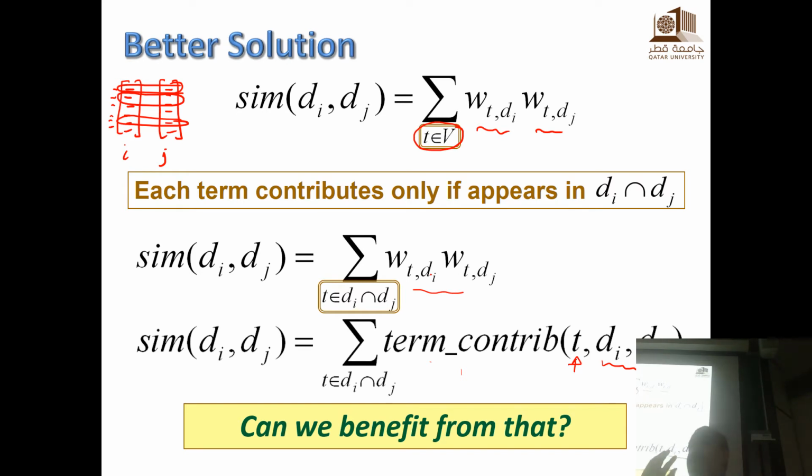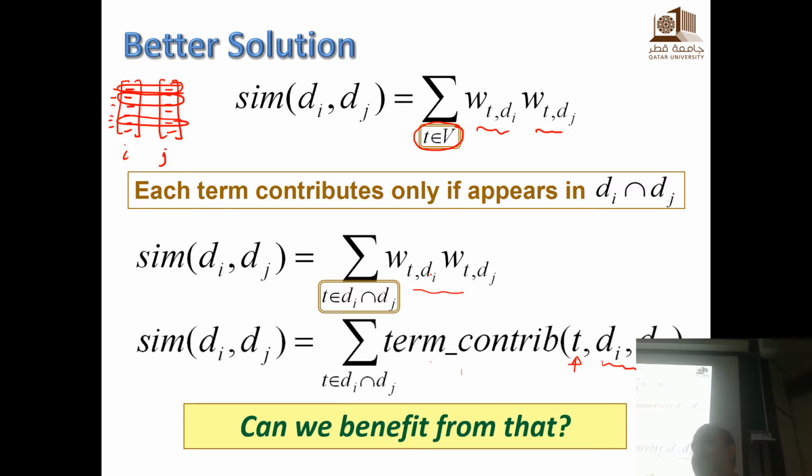Can we now think differently to make the trivial solution that we saw in the previous slide more efficient? In the previous slide, we said that we will get one document and compute the similarity between this document and every other document, right? Now we said that we don't really need the entire vector.